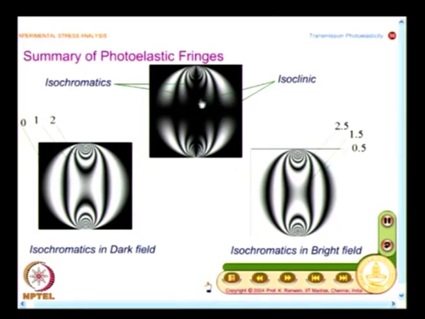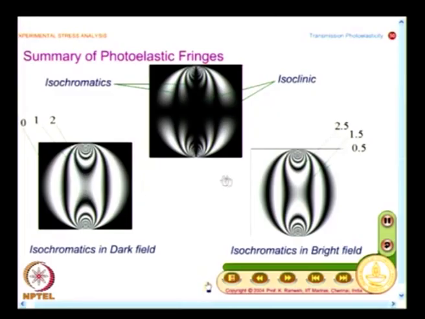Isoclinics are seen in a plane polariscope, isoclinics are absent in a circular polariscope, and I label the fringes as 0, 1, 2, 3, 4 like this, and the same thing I will also do here, 0, 1, 2, 3, 4 like this, because the fringe gradient is increasing in this fashion.